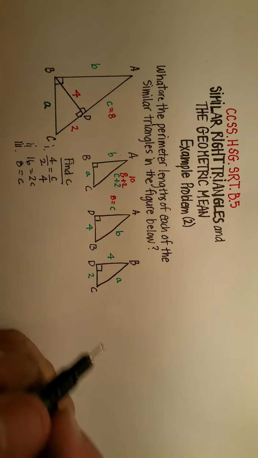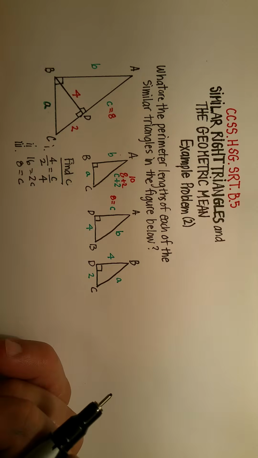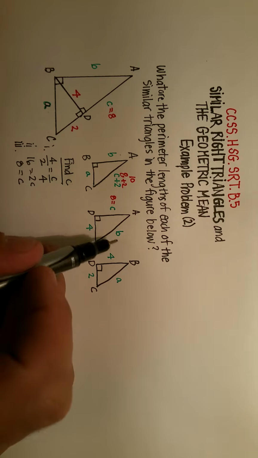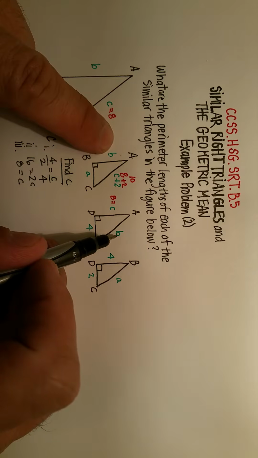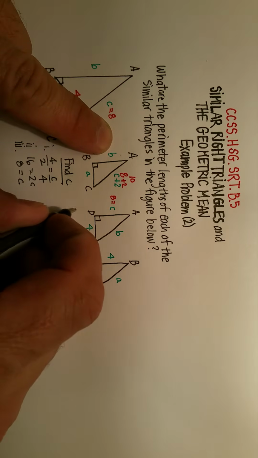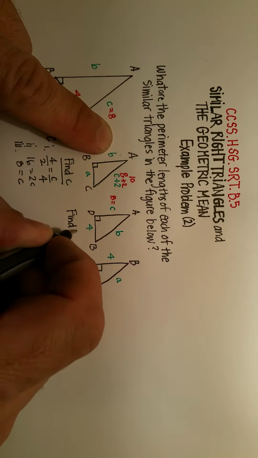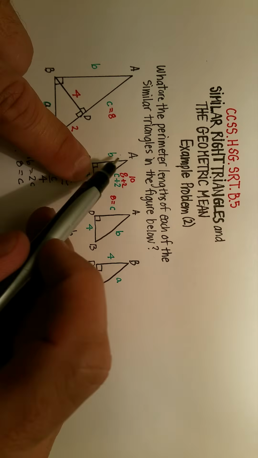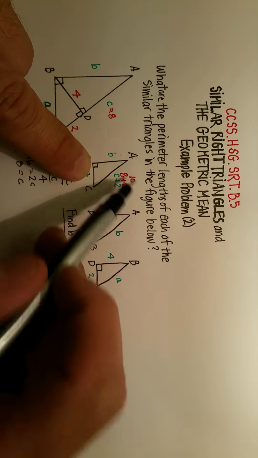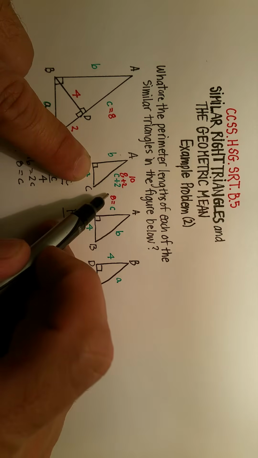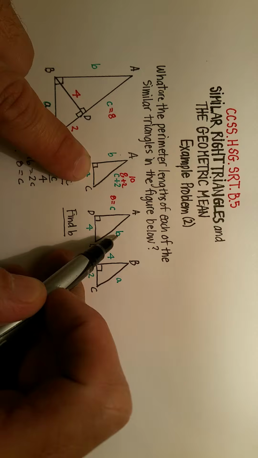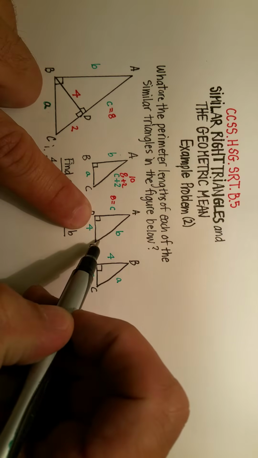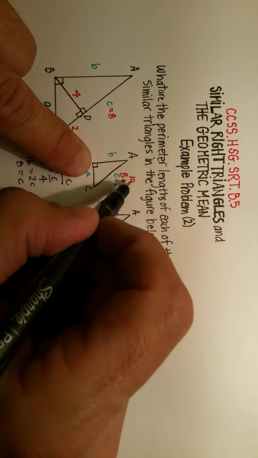Now let's try to find another side. Let's try to find B, okay? So I've got a B here and a B here. So I'm going to say find B. And I can say B is to 10 as 8 is to B. So again, this side is to the hypotenuse as this side is to the hypotenuse.